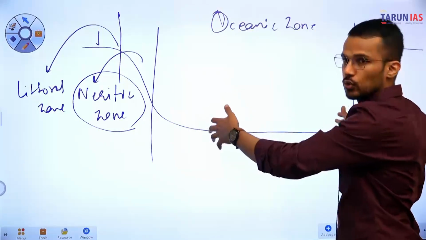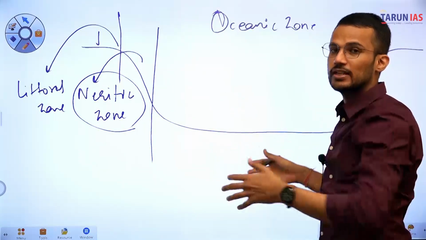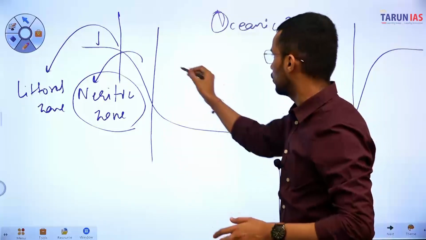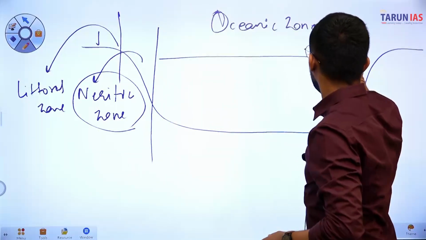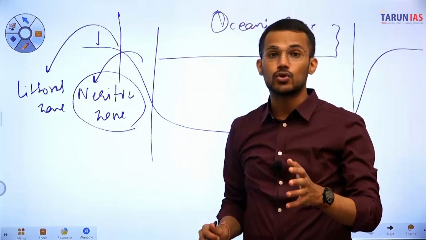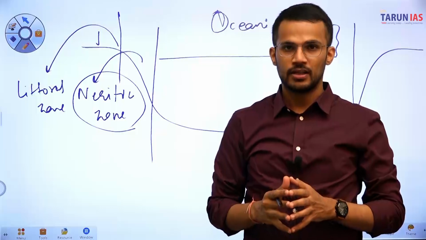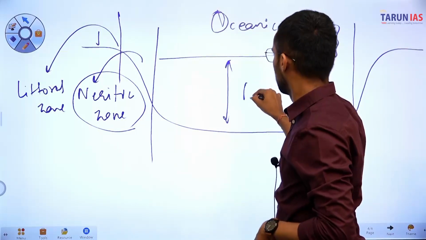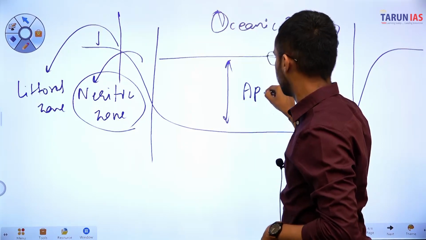This oceanic zone is not associated with a high amount of productivity, because in the oceanic zone only up to a certain level we will have access to sunlight, and this part of the ocean remains dark and aphotic.